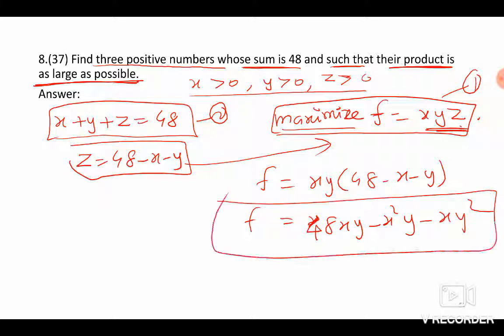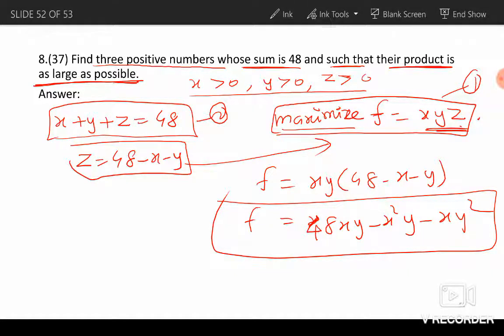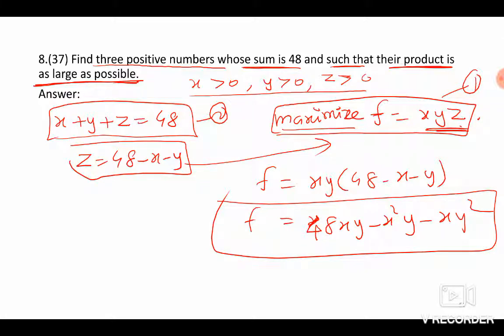Now for this function we will find critical points. Find the first derivatives, make them 0, find the critical points, and then second derivatives, try the discriminant, all these things, right? Let's continue with this one. First fx, differentiate with respect to x.